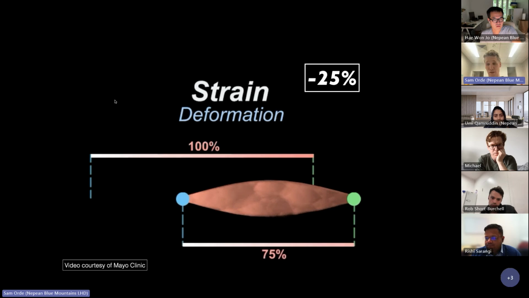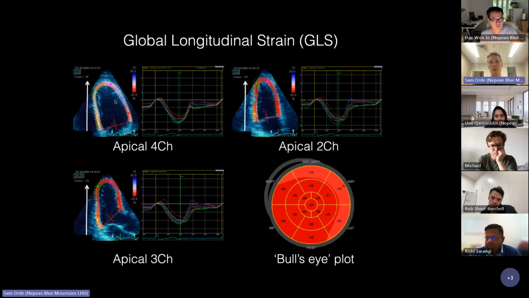So if we talk about global longitudinal strain, which is an average of all the segments in the 4, the 3, and the 2 chamber, a normal is about -17. The better the systolic function, the more negative it becomes. So a -25 is sort of a hyperdynamic ventricle, as opposed to -10, which is a terrible functioning ventricle.